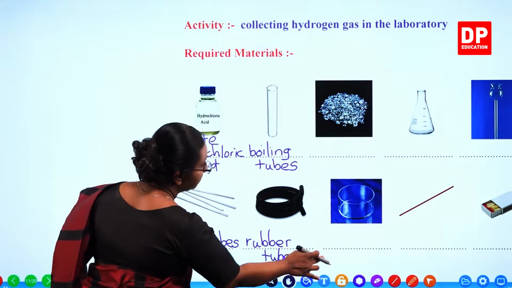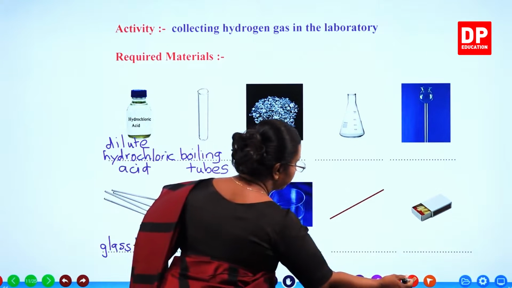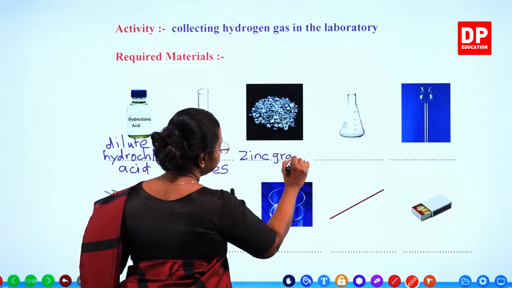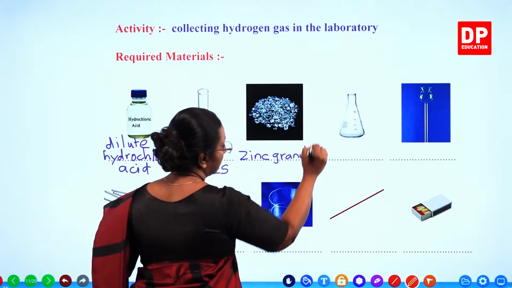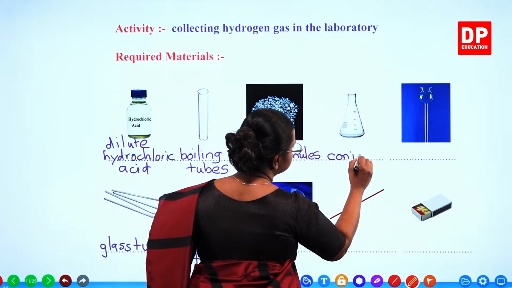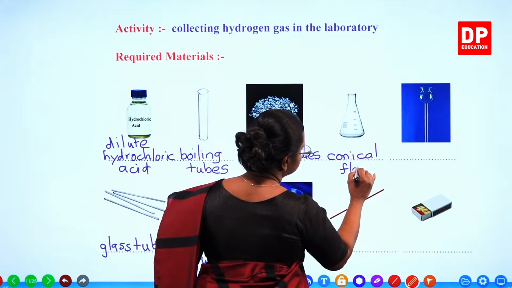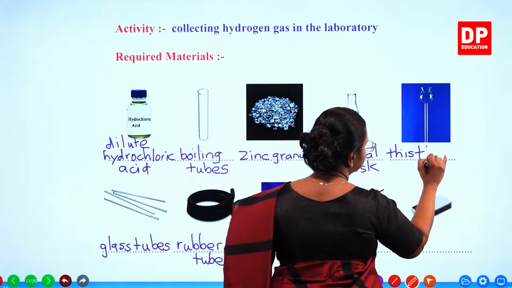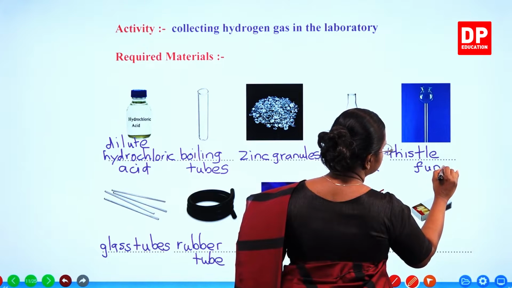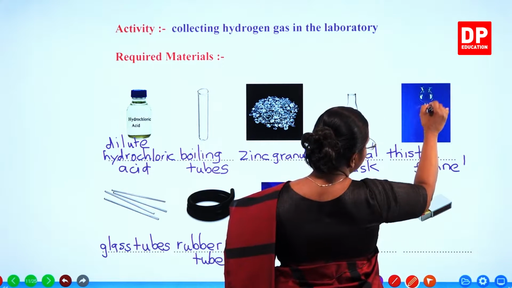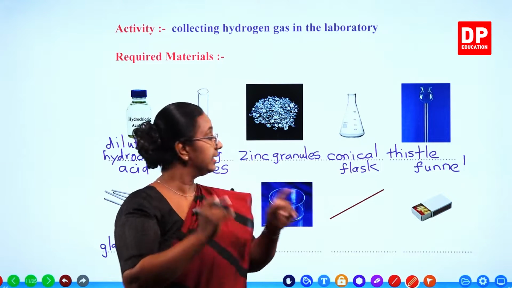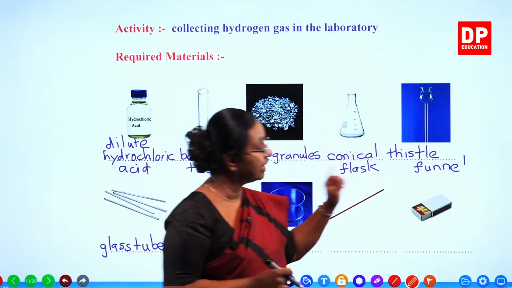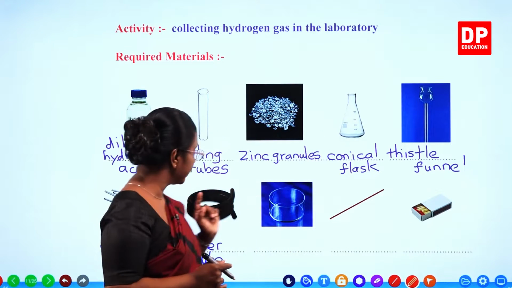On this side, we need zinc granules. We need a conical flask. Then we need a thistle funnel. A funnel like this with a small funnel container and a long stem is known as a thistle funnel. I am sure you are familiar with all these glasswares.